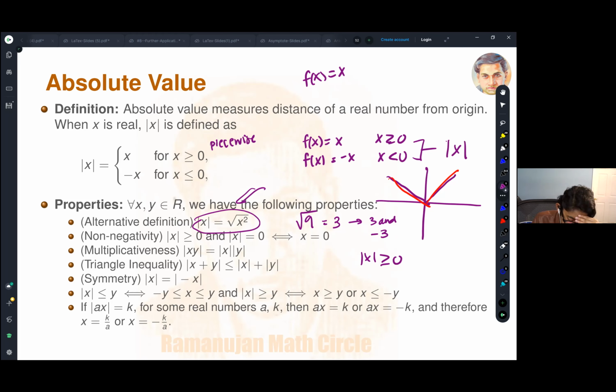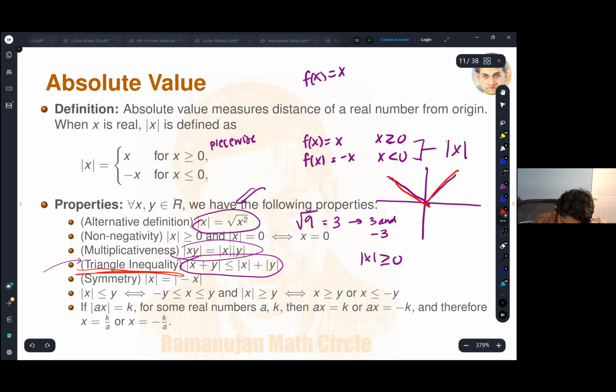There are also some nice ones which are related to multiplication. This one's related to inequality, which is also used in geometry, and we will revisit this when we get into geometry and triangles. This one is nice because what this basically tells us, going to the basic definition of absolute value, is that it measures the distance from the origin.